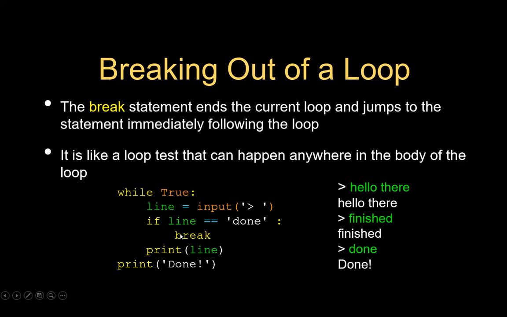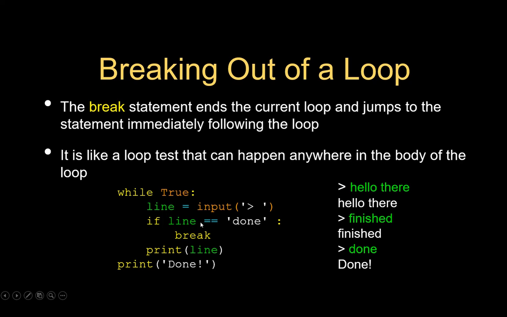So this loop is going to run continuously. We're going to get input. If the input is equal to done, we're going to break. Breaking means that we will get out of the loop at the breakpoint, and we will go out of the block. We will run the next command, which is print done.